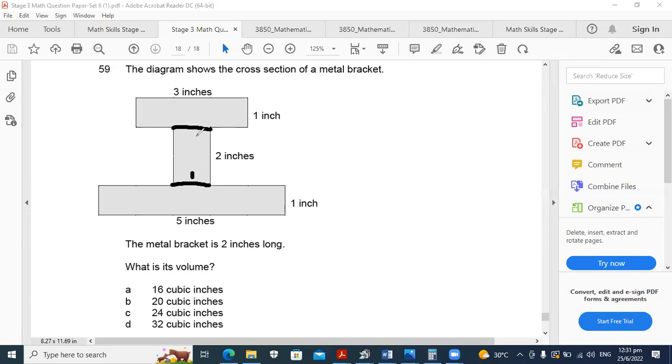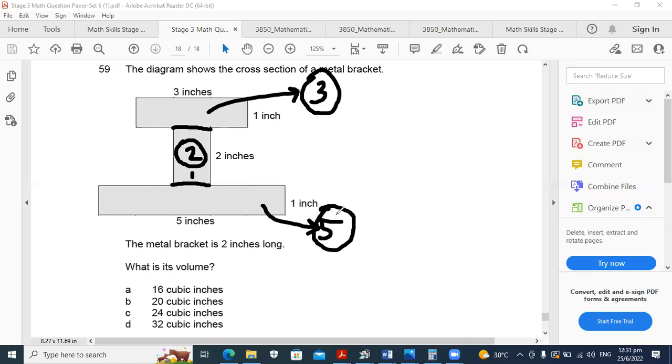So this is 1. So we said that this piece here is 3 1s, so it is 3, 5 1s there is 5. All right, and 2 1s here is 2. So we have the areas for the 3 different sections.